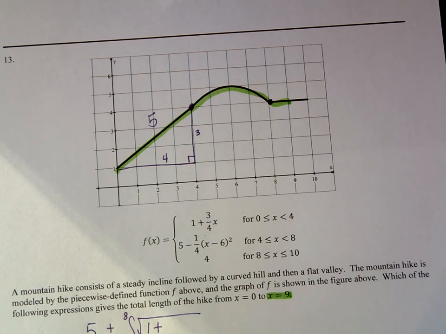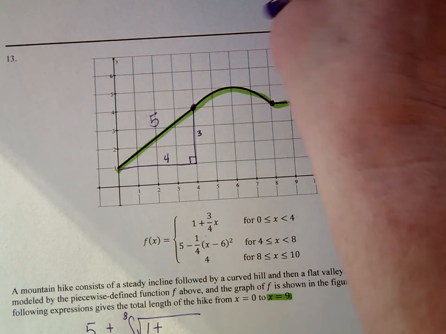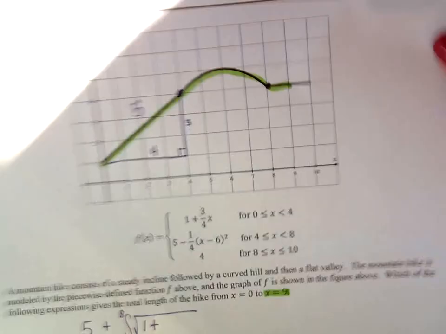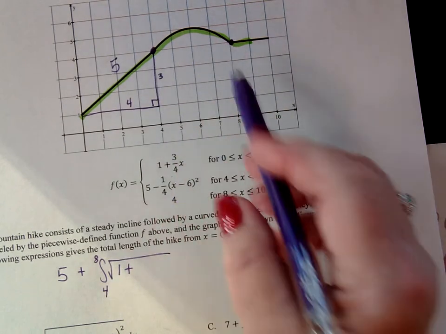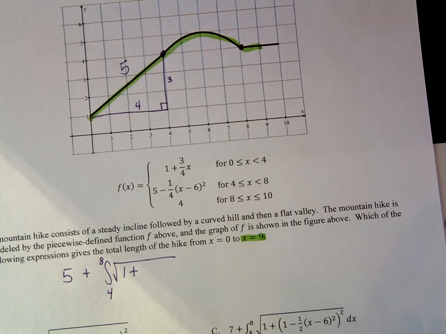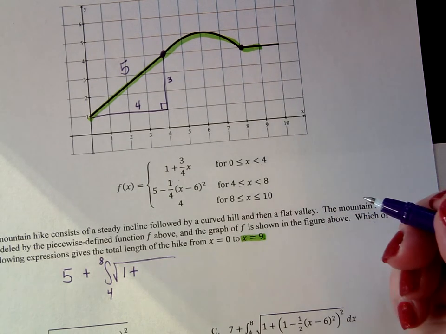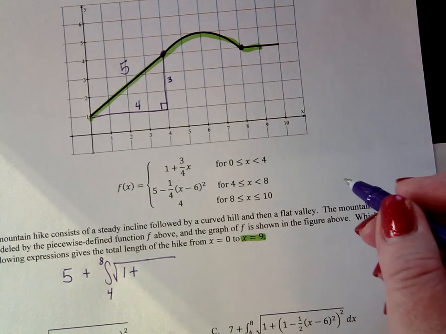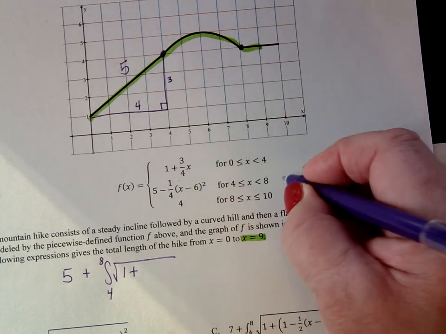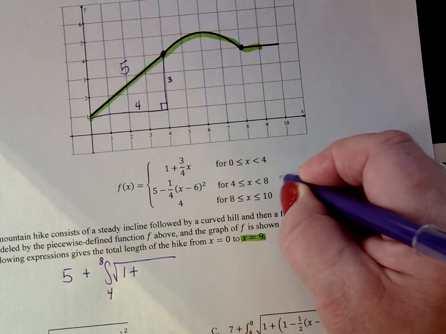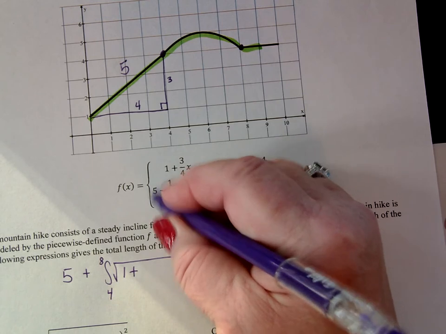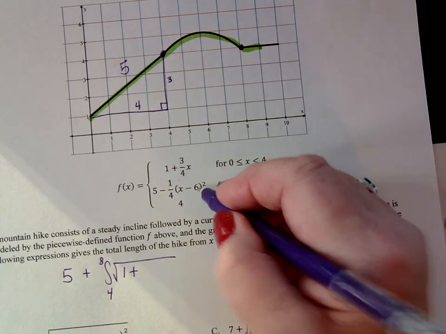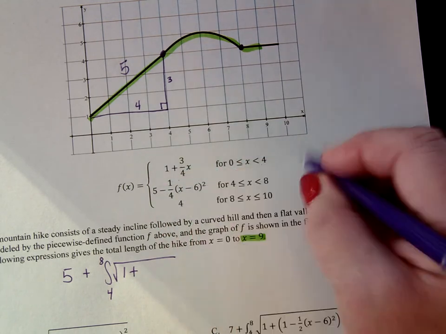And the curvy guy kind of makes sense because see how it's a squared function? So that is a squared kind of parabola-ish thing. And so I'm looking at this and I'm going to say, all right, well, I need to know what the derivative of that is. So if I figure out the derivative, there is no derivative. It's 0 for 5. The 2 comes down times 1/4 gives me a negative 1/2.